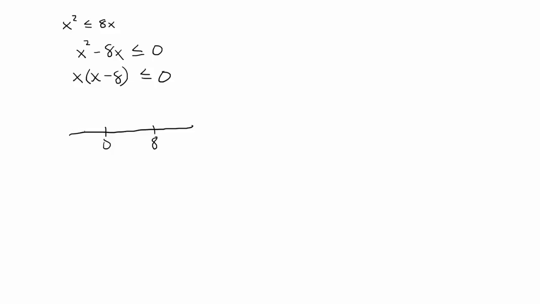So any negative number, negative 1 times negative 9 is positive. Two negatives is positive. If we choose 1, we have 1 times negative 7, or a negative answer. And then if we choose 9, we have 9 times 1, which is a positive answer. So if we had done it the other way, and I keep stating it, but I'm going to show it now, if we divided both sides by x, we would have x is less than or equal to 8.